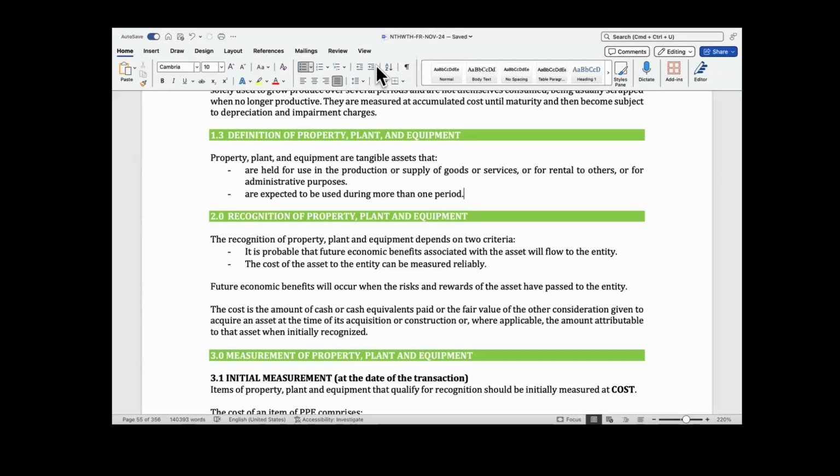Even when the taxman comes and sees that kind of item, the taxman will disallow it and say, this item is an asset, but you have chosen to expense it. But that's not where I'm going today. Materiality is determined by the entity itself.